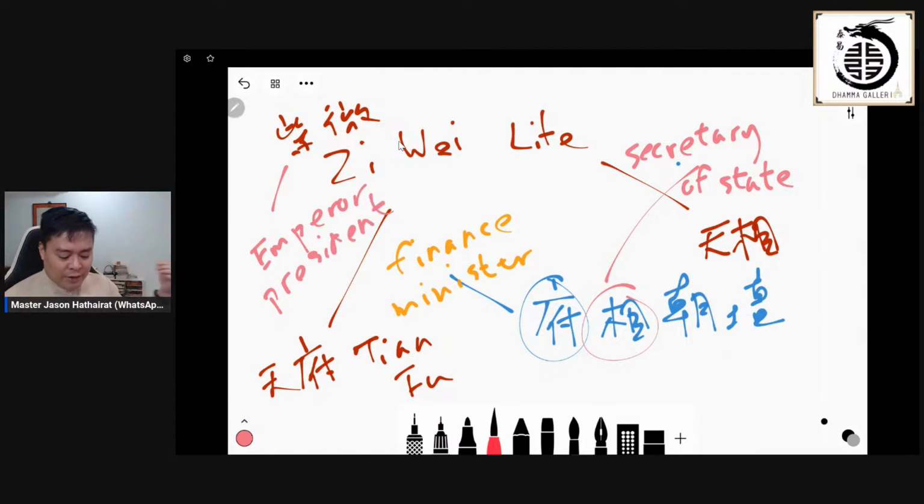So the president having the Secretary of State and Finance Minister helping him is a very positive kind of birth chart.